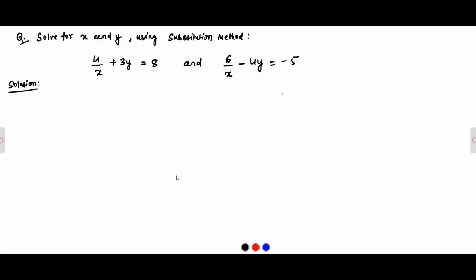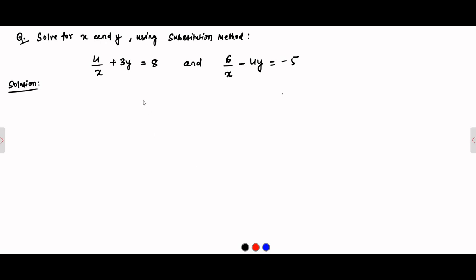So here is another question on solving linear equations in two variables using substitution method. So the two equations are 4 by x plus 3y is equal to 8 and 6 by x minus 4y is equal to minus 5. So here there is something interesting. So first let us write the equations, then we'll see how different this question is from the previous ones.